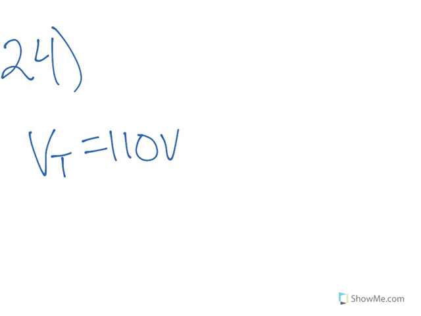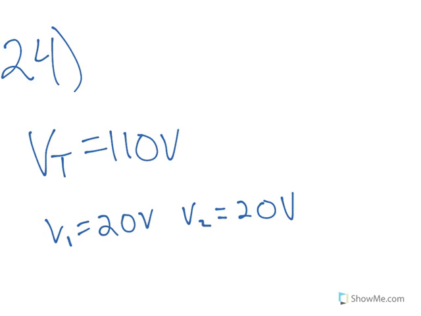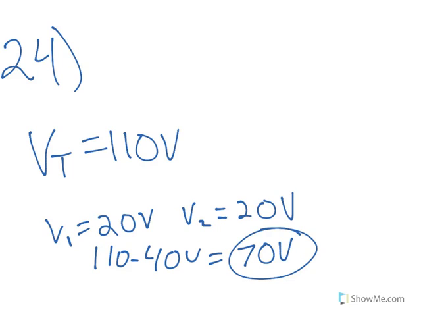Well, we used up 20 volts on V1 and 20 volts on V3. So how much voltage is left over? We have to use it all up. So we've used up 40 volts so far. So 110 minus 40 volts is equal to 70 volts. So that's got to be the voltage on that middle one there, V2. And that is indeed the answer. So the answer should be B as in boy.